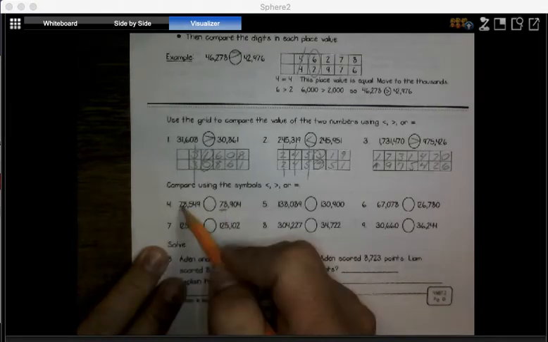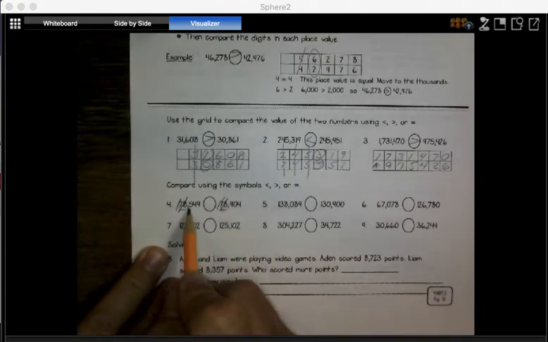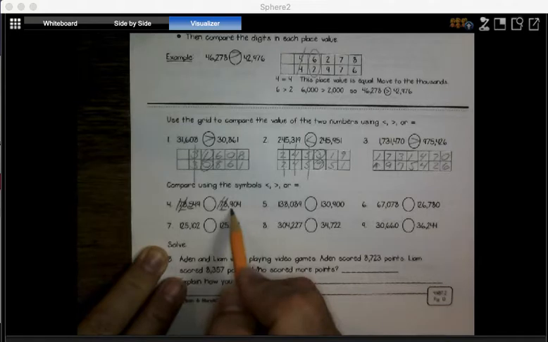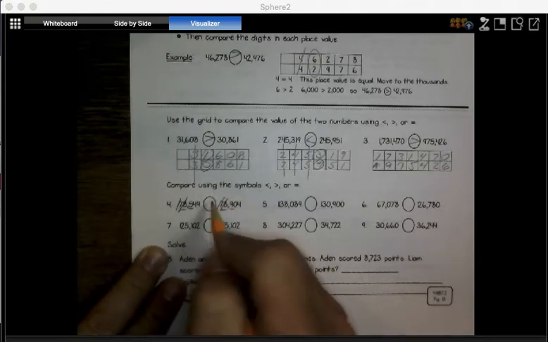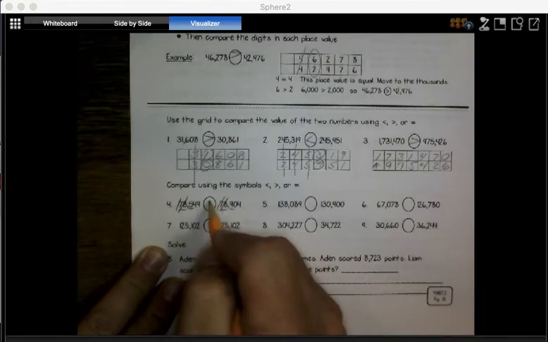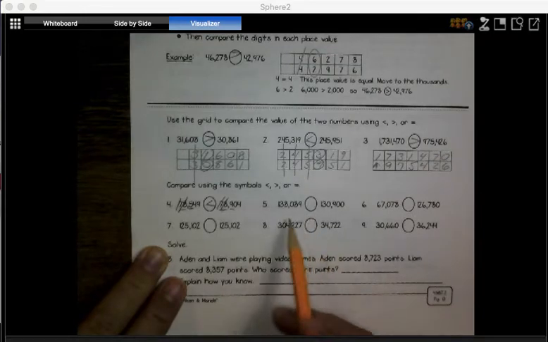Our first two digits in each number are the same, so we cross those out. Then we look at the next one, 5 and 9. There we can see that the first number is less than the second number once we got to our hundreds place value.